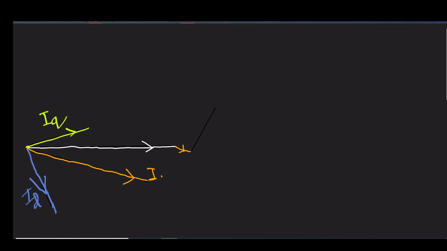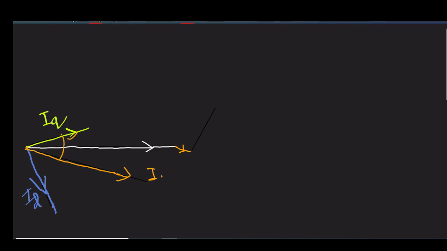Now, what is the case? Let us draw a shorter I. So this much is what?